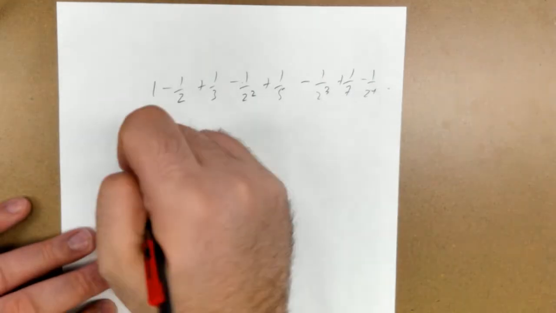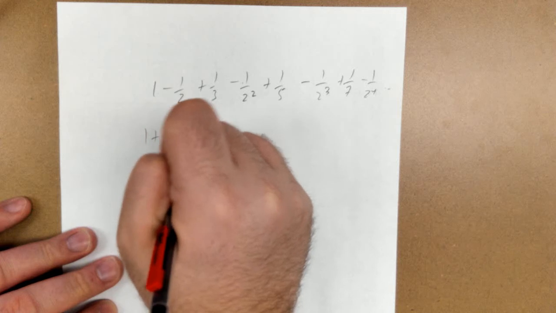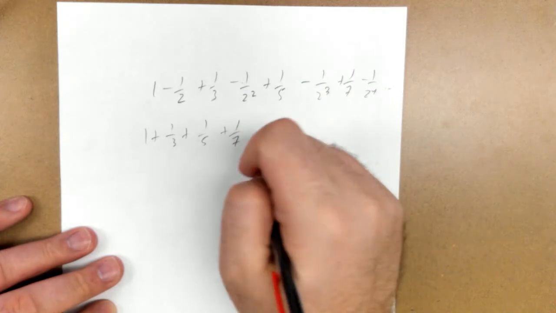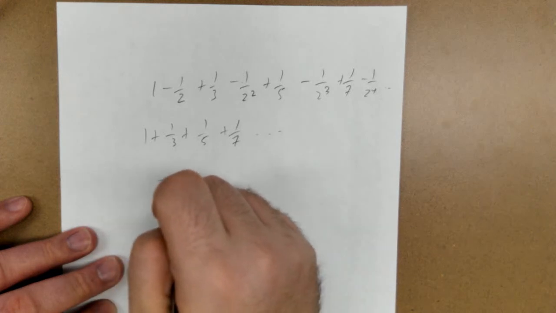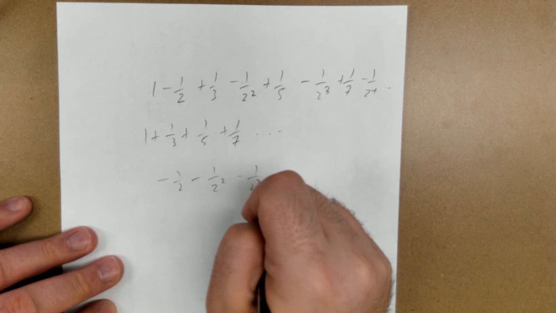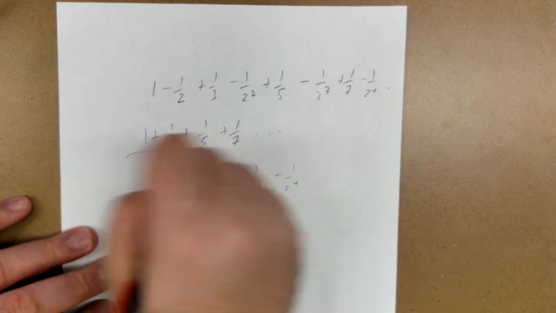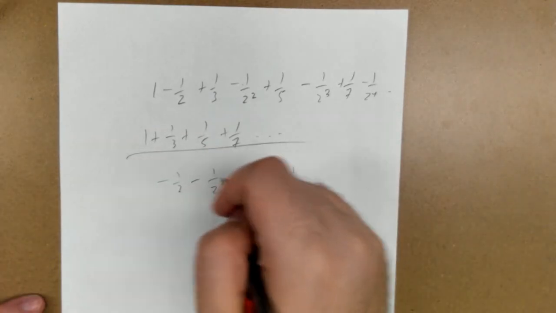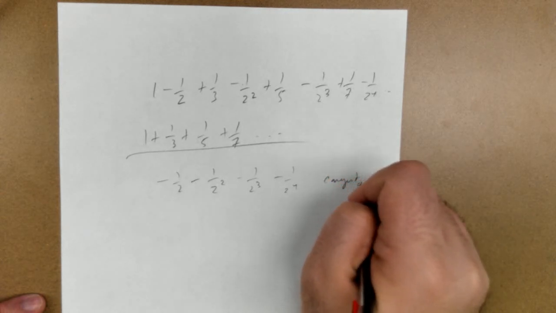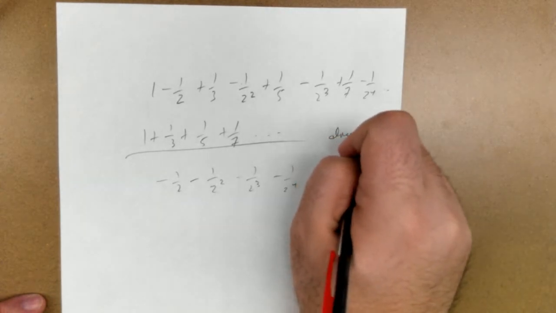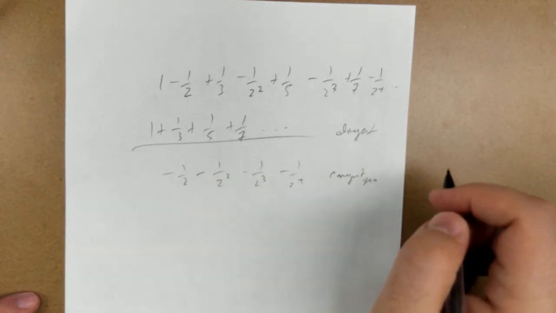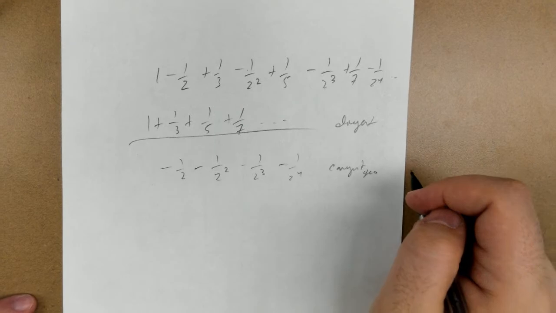Okay, let's separate the positive terms. This is a divergent series similar to the harmonic series, it's just the odds, but it's still divergent. And then the stuff you're subtracting is a convergent geometric series. So really, if you look at this, this is unbounded, and you're subtracting far less than you're taking away. This is a convergent geometric, and this is divergent. So a divergent sum minus a convergent sum, that's going to be divergent still.